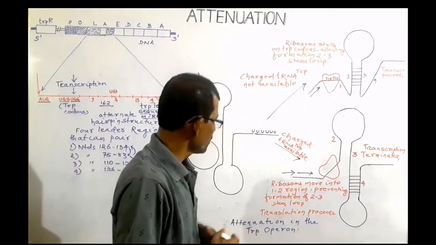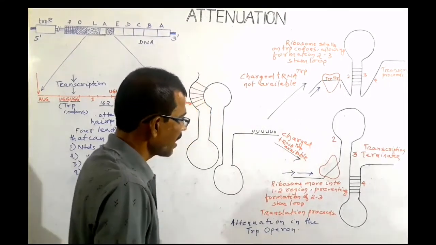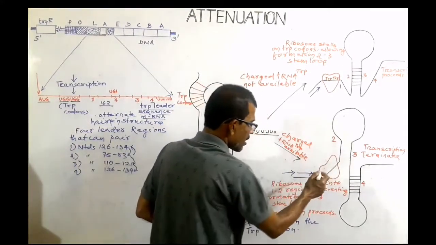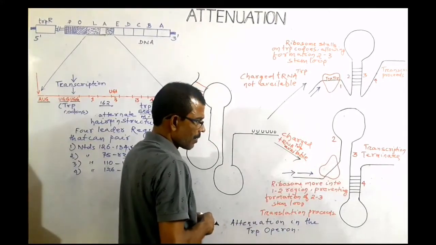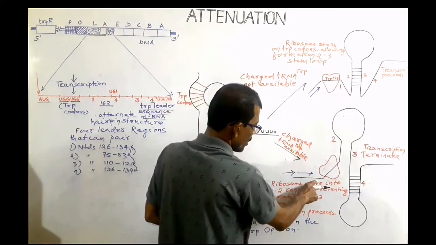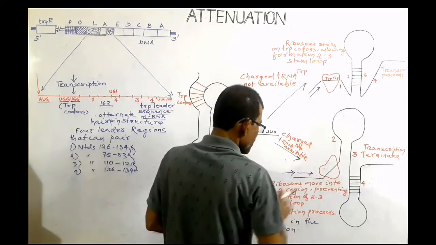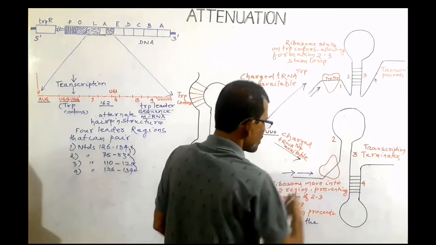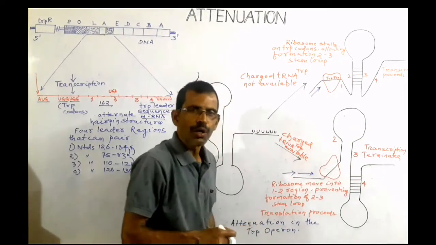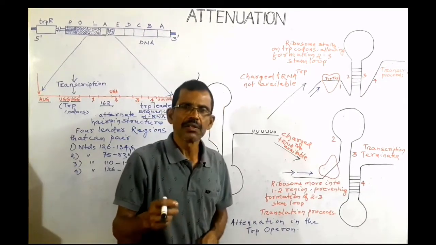So when there is a high level of tryptophan charged tRNA, the ribosome moves past the tryptophan codons and moves into the first and second region. This is the ribosome. So due to this, region 2 will not be available to base pair with region 3.